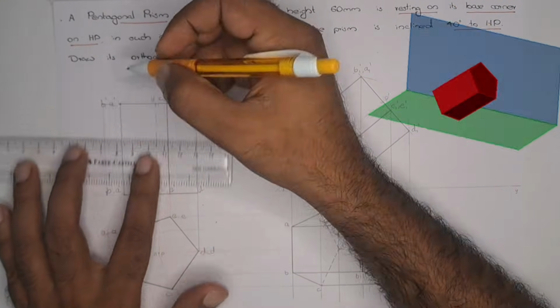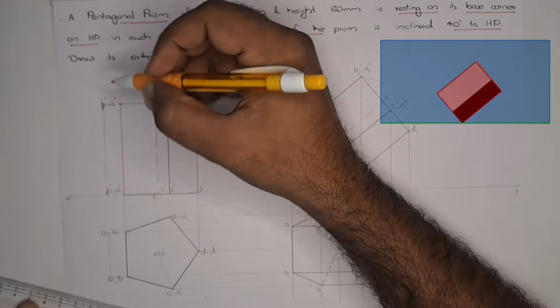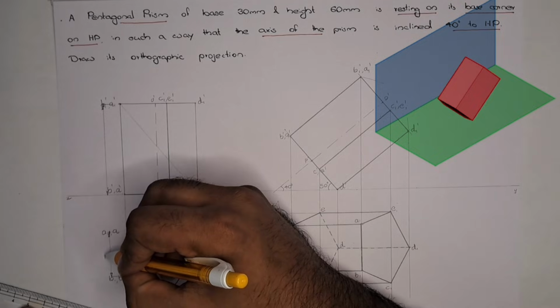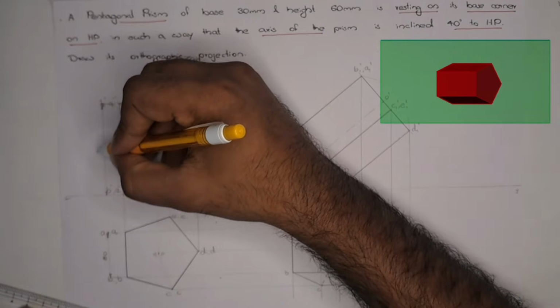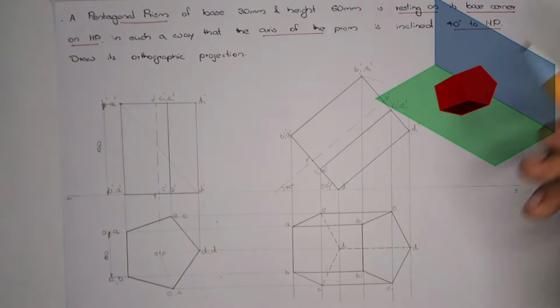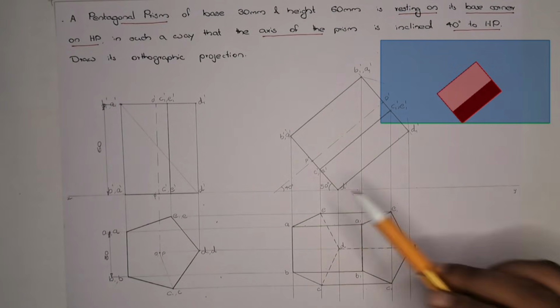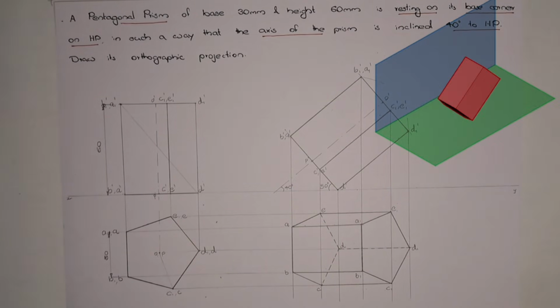You can mark the distance. So this is 30 and this is 60. So all the dimensions are given as plotted here, and the angles. Thank you.